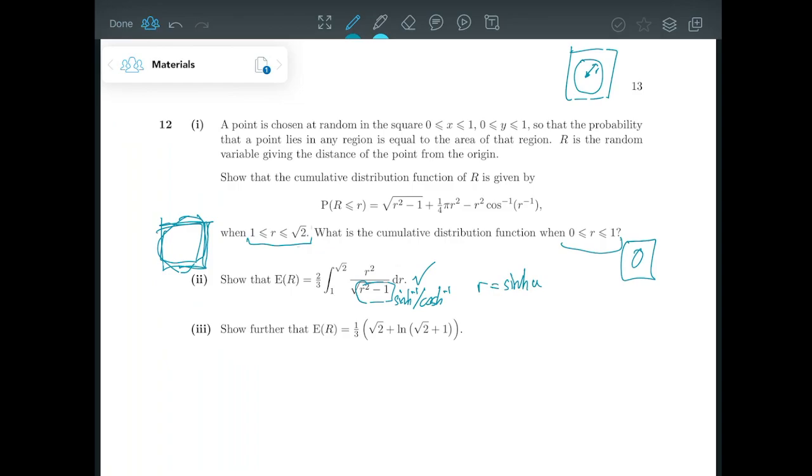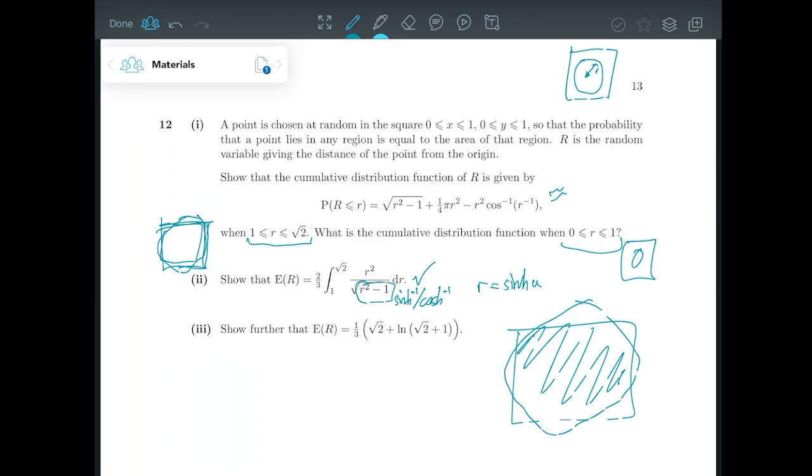This, other than the geometry here, which is quite awkward, but if I really think about breaking up that circle, I'm looking for this area here, so I need to lose the area there from the square, then maybe this question is doable. I'll put this as a question mark for now, but it's on a topic which I like, even though it's combined in with some geometry which I don't.